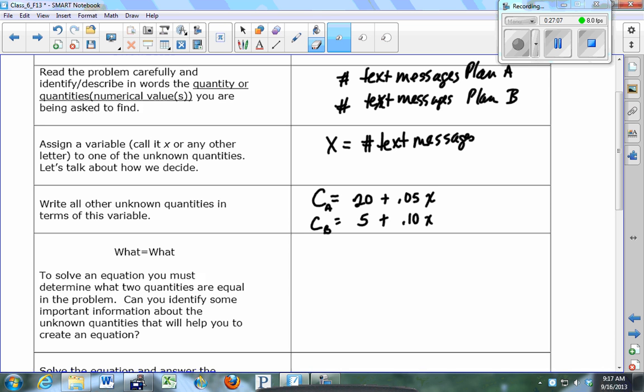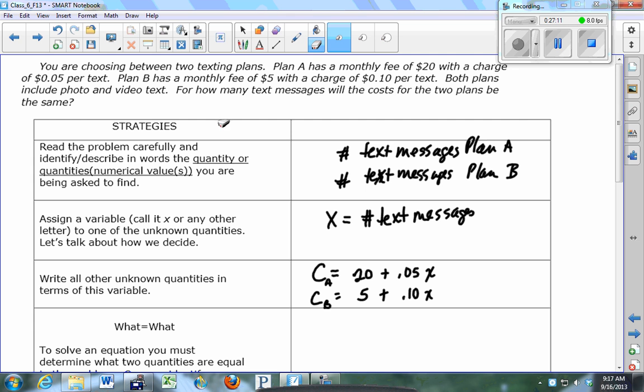All right, so what is equal to what here? Find out how many text messages will make the cost for the two plans the same. That's kind of a weird wording; I must have written this when I was half asleep. So what is our equation here, Orlando?